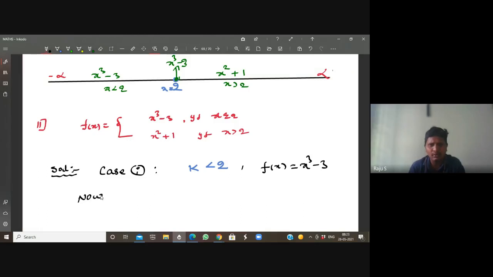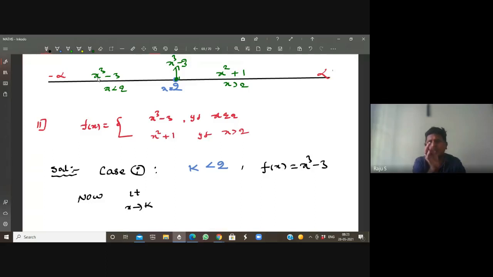Now limit x tends to k, I want to take k. So why should we consider it is k? Lesser than 2 means for what value we need to check that continuity. It may be 1, it may be 0, it may be minus 1, minus 2, till minus infinity.